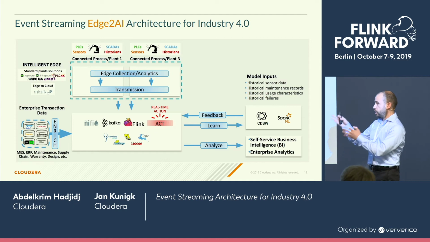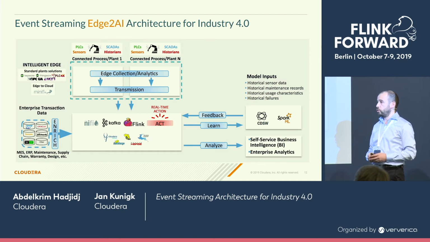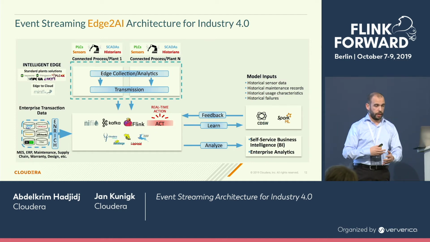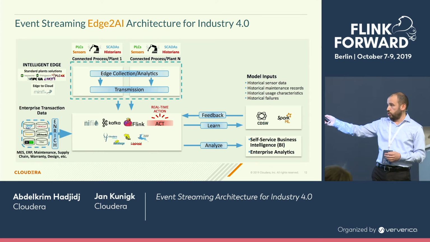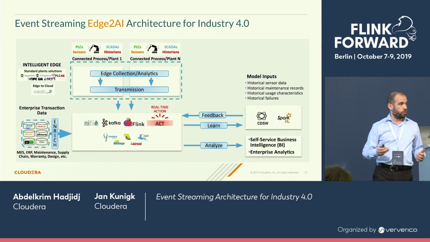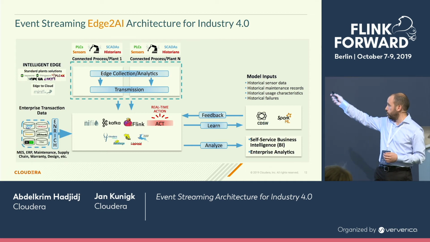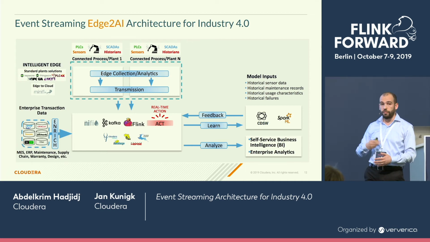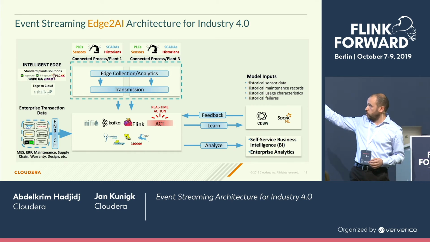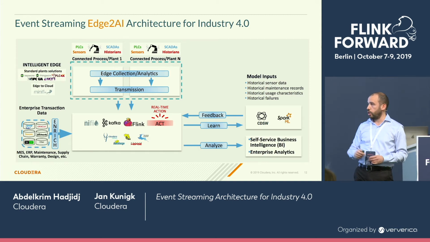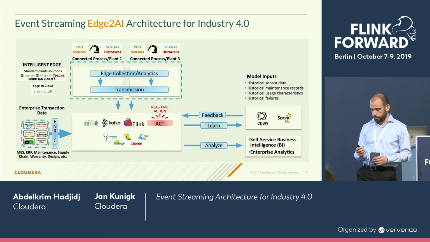Then we'll start doing the transformation with Flink, the ETL part and also the CEP part. Some of the data can be stored for long-term storage on S3 or HDFS to enable the machine learning feedback loop, where we can decide what are the most important variables for us to monitor, and we will integrate this feedback into our real-time application in Flink.